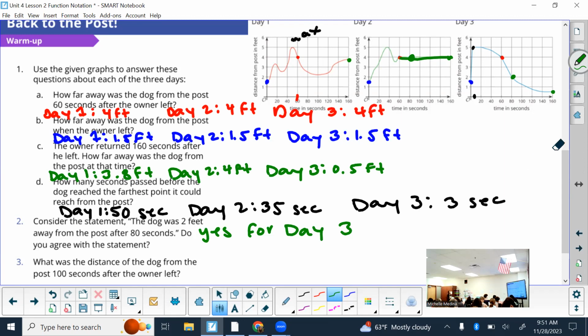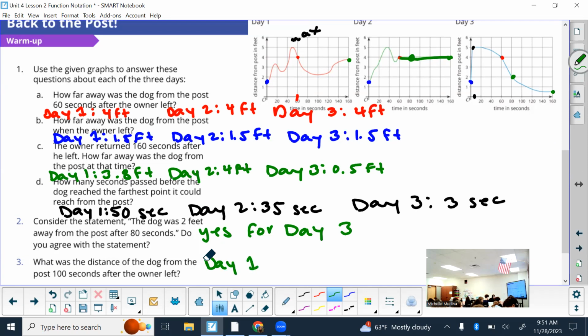All right. Table 7. What was the distance of the dog from the post 100 seconds after the owner left? Okay, so let's see.